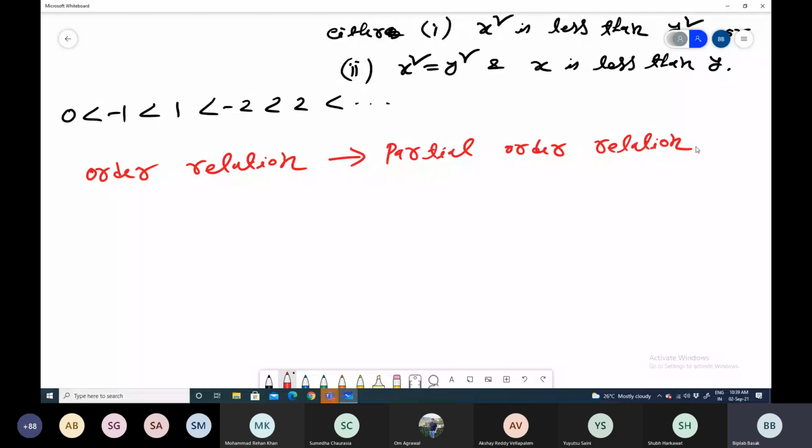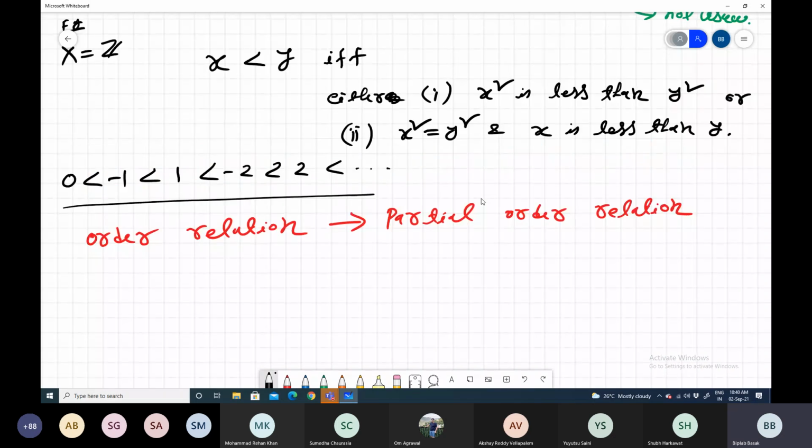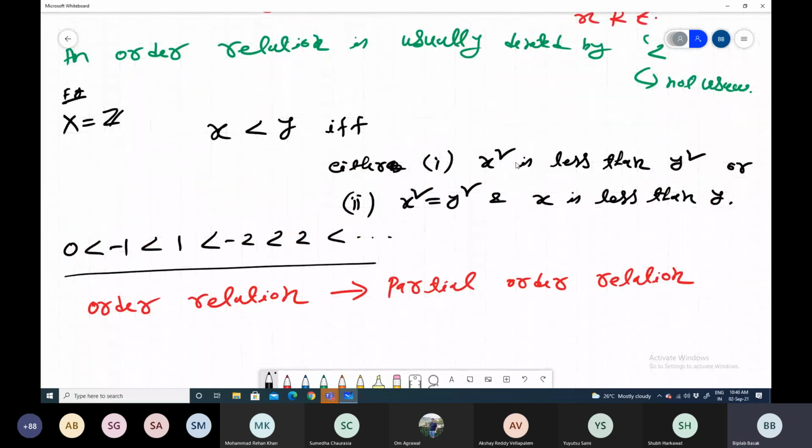How can you go there? For an example, what you have written here: 0 less than -1 less than 1. What is this? This is our new ordering here. We are defining x less than y if and only if either x square is less than y square, or if both are same, x square equal to y square, then we take x is less than y.